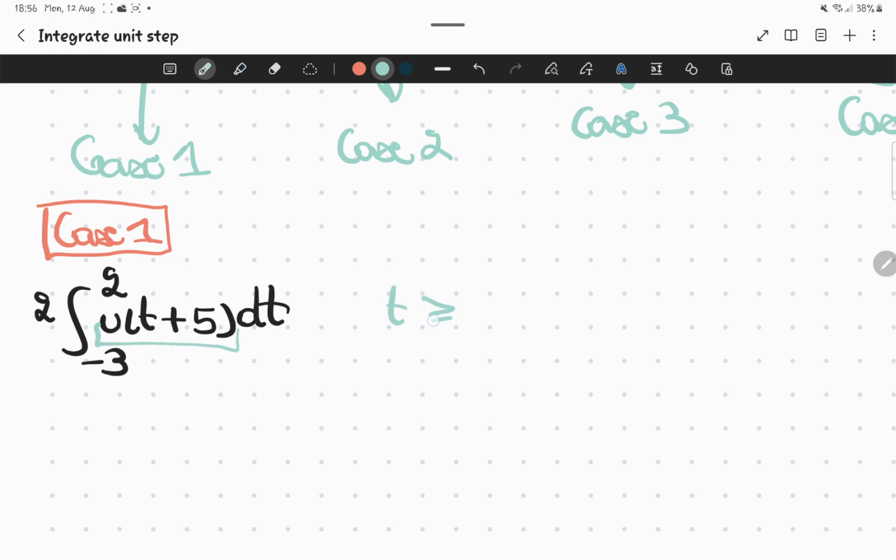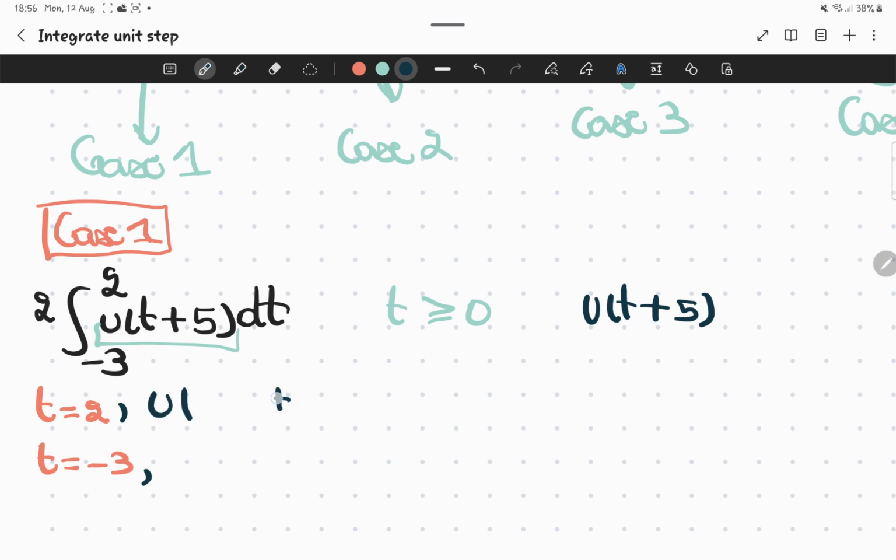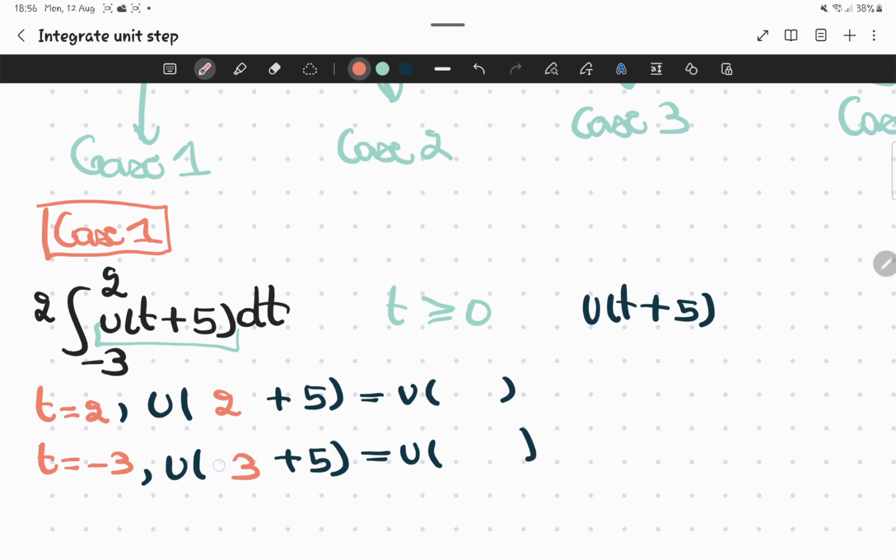Now we have something like this, then we're gonna work it out. Remember this formula that we used earlier. Now what is t? t equal to 2 and t equal to -3, and this is the form that we have. So it's gonna be u(t) plus 5. I'm gonna put 2 here and -3 here.